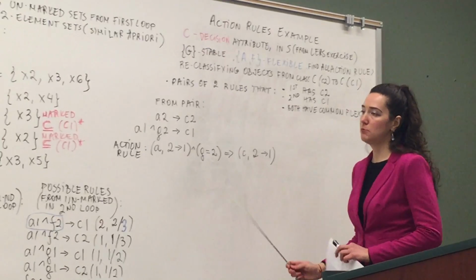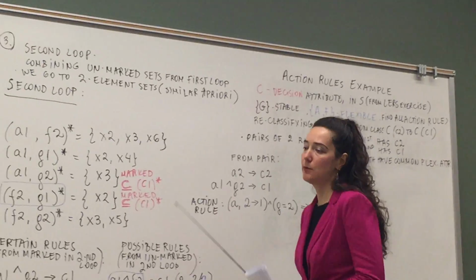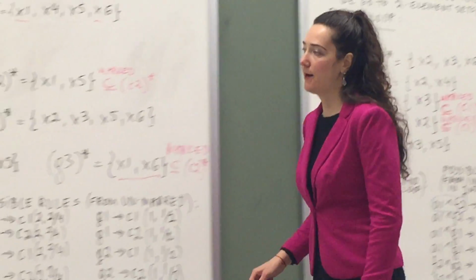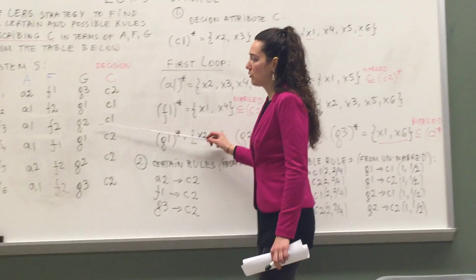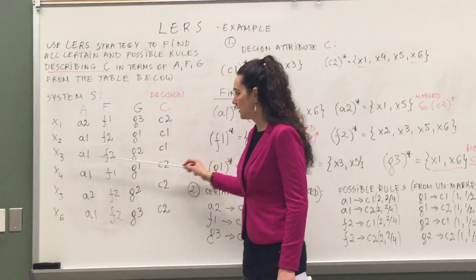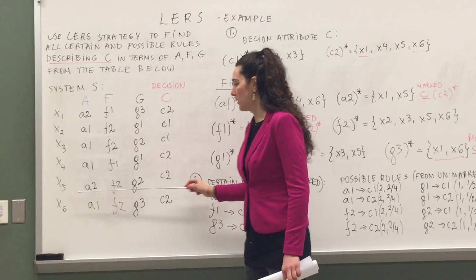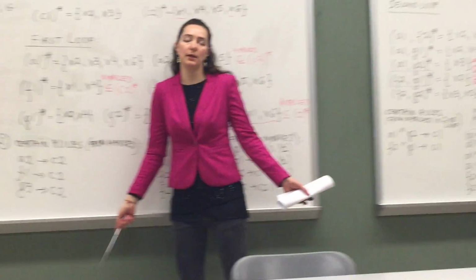G equal to 2 means that this rule can only be applied to the objects which have G2. This rule only applies to X3 and X5. The rest of the objects we can't do anything about.